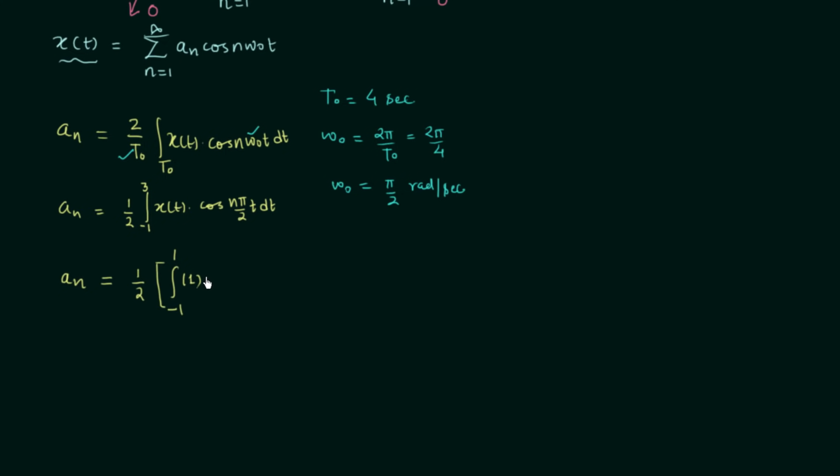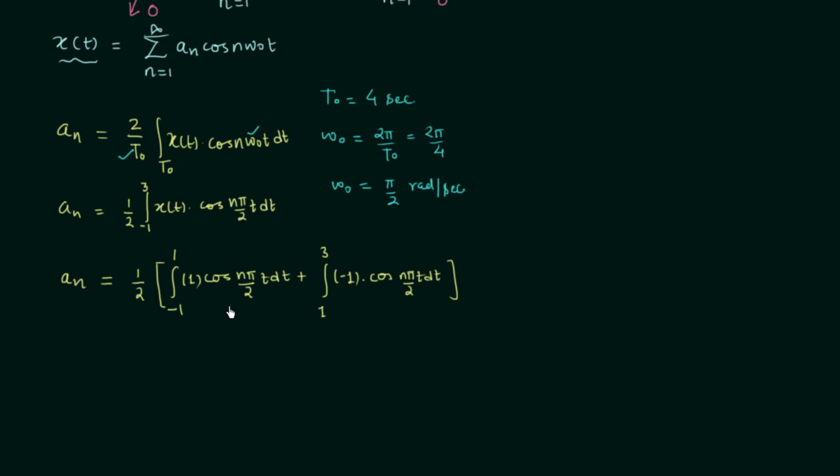So we have 1 multiplied by cos(n pi by 2 t) dt, plus the second integral will have the range 1 to 3, and the value of signal x(t) is -1. So -1 multiplied by cos(n pi by 2 t) dt.